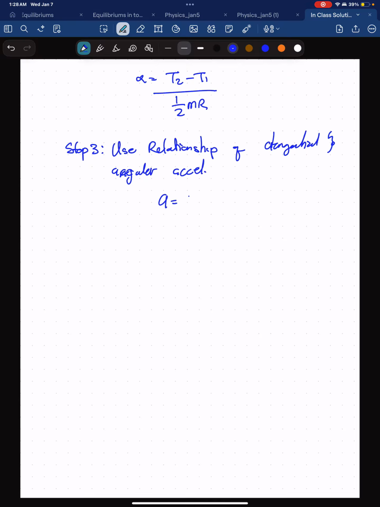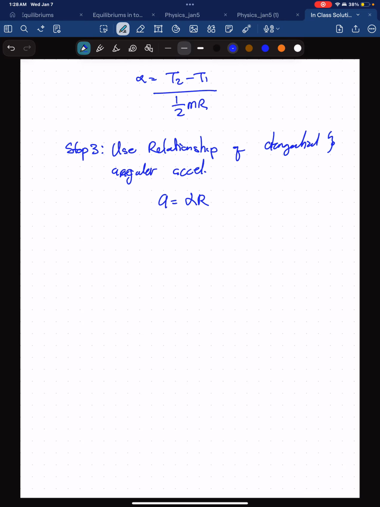So now I'm going to step 3 of our solution. Use relationship of tangential and angular acceleration. All right, and that's just going to be always AT will be equal to alpha times R.